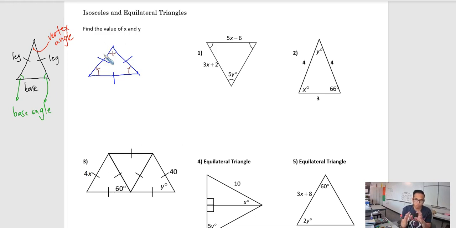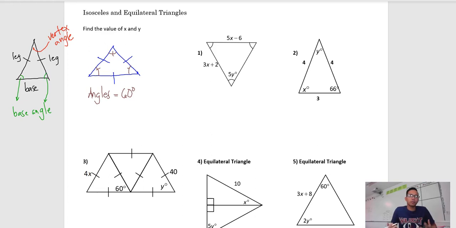So if they are all congruent, therefore each angle in an equilateral triangle is equivalent to 60 degrees. Is that always? Yes, it's always 60 degrees. So those are the important characteristics of isosceles and equilateral triangles.